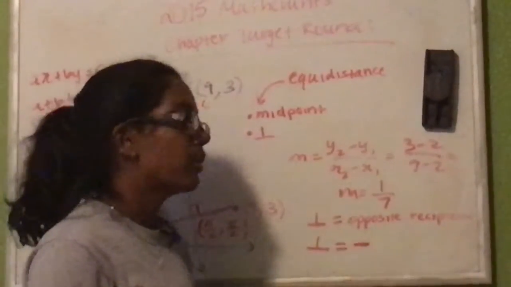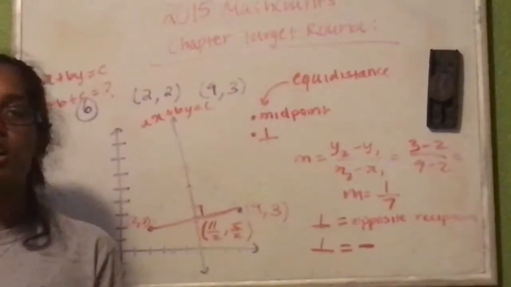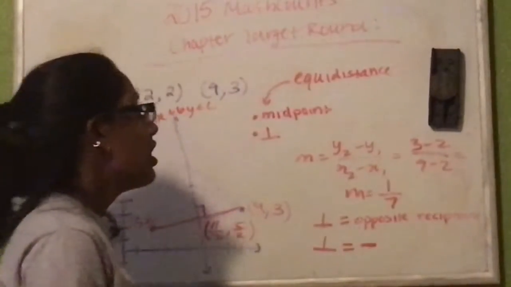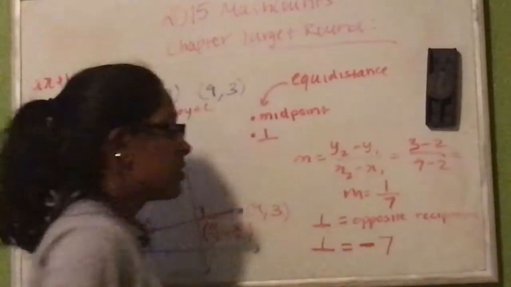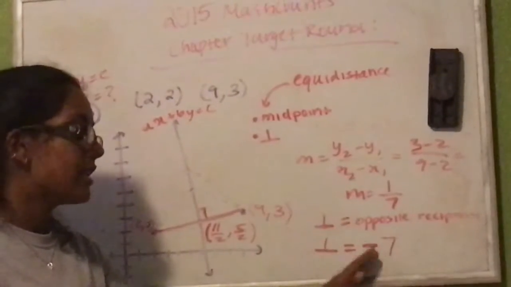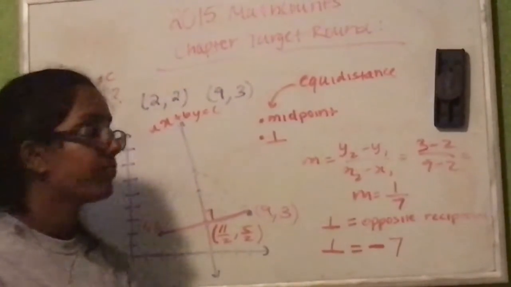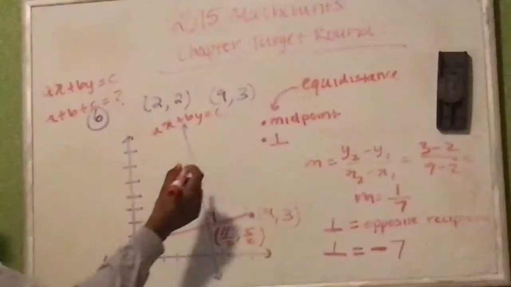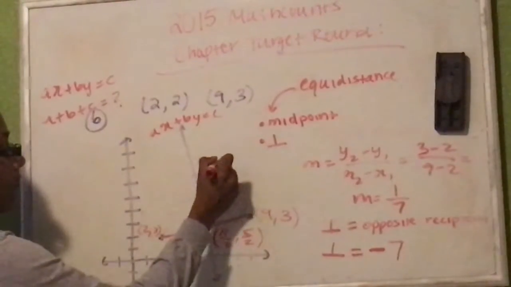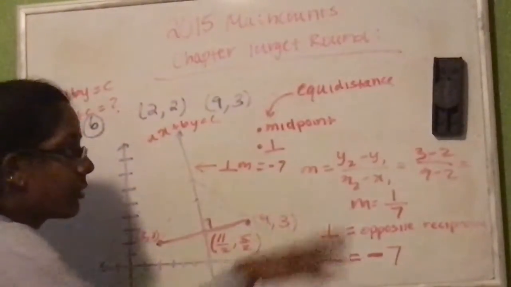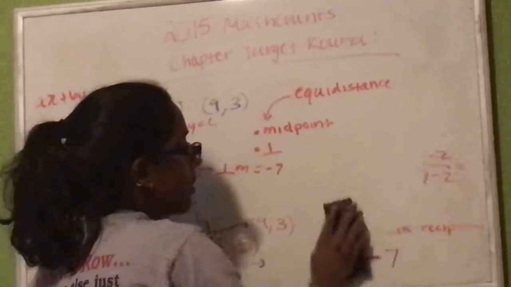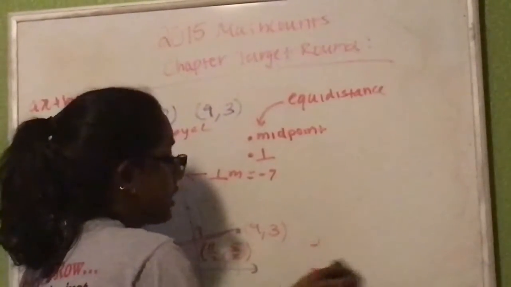Next, reciprocal is a fancy way of saying flip the denominator and the numerator. So 1 over 7, if you find the reciprocal of it, you will get 7. So the perpendicular slope is equal to negative 7. So I need to write that down over here. Perpendicular slope, m is the symbol for slope, equals negative 7. Now I'm going to quickly erase this so that we can solve for what we really need.